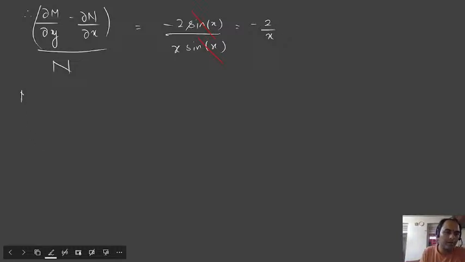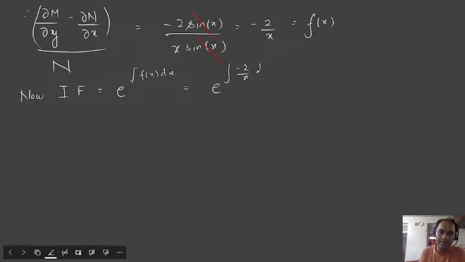Now this is some function f of x. So here you will get e to the power integration f of x dx, and then it is e to the power integration of minus 2 by x dx.